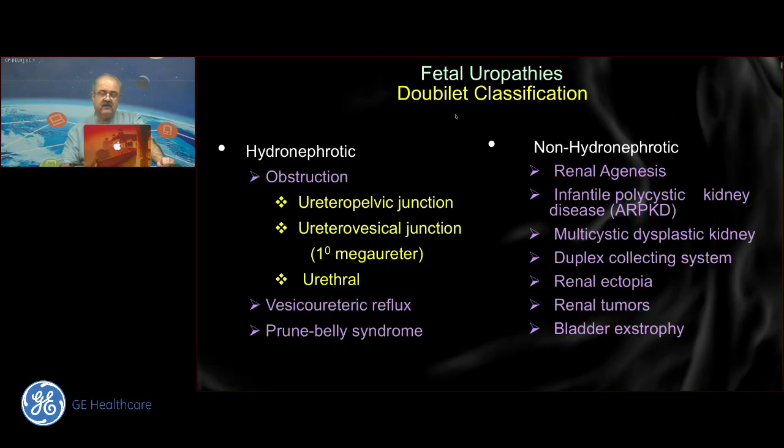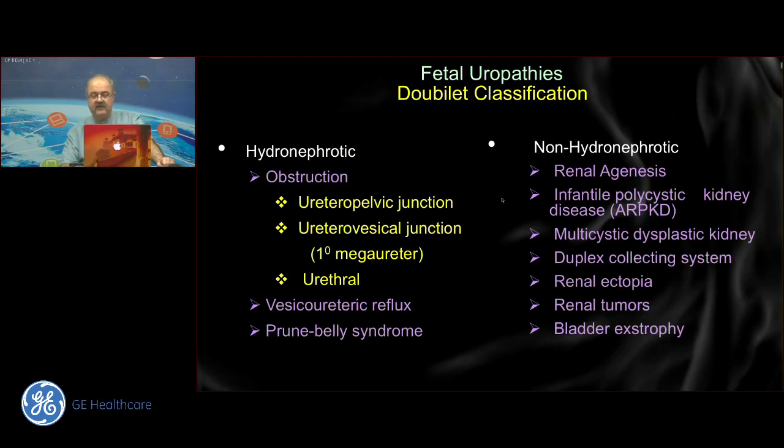He divided all conditions in the fetus as hydronephrotic and non-hydronephrotic as the two basic categories. The hydronephrotic are three types: obstructive, vesico-ureteric reflux, and the Pruneberry syndrome. And the obstructions may be at the uretero-pelvic junction, the uretero-vesical junction, which is the primary megaureter, and urethral obstructions.